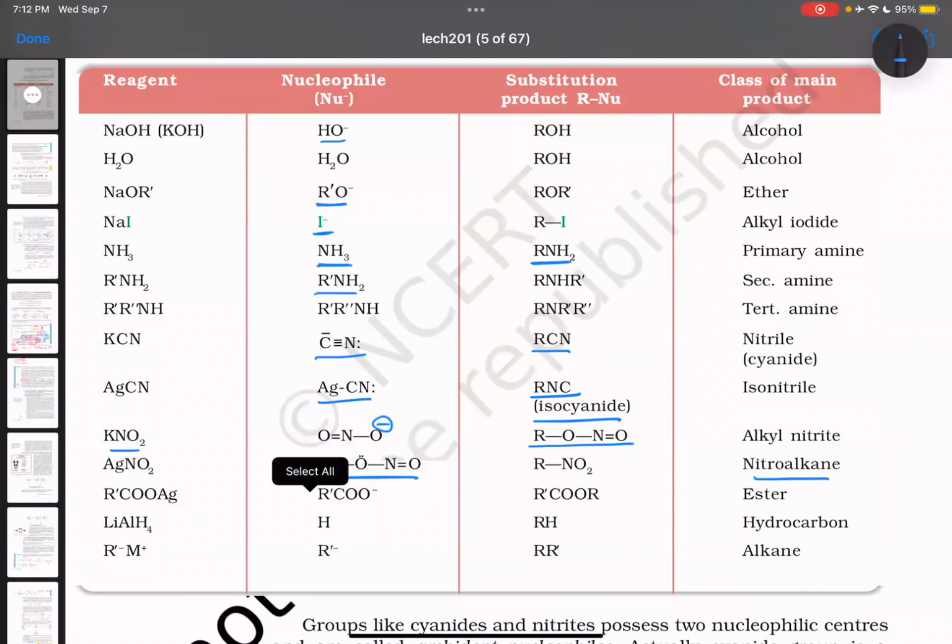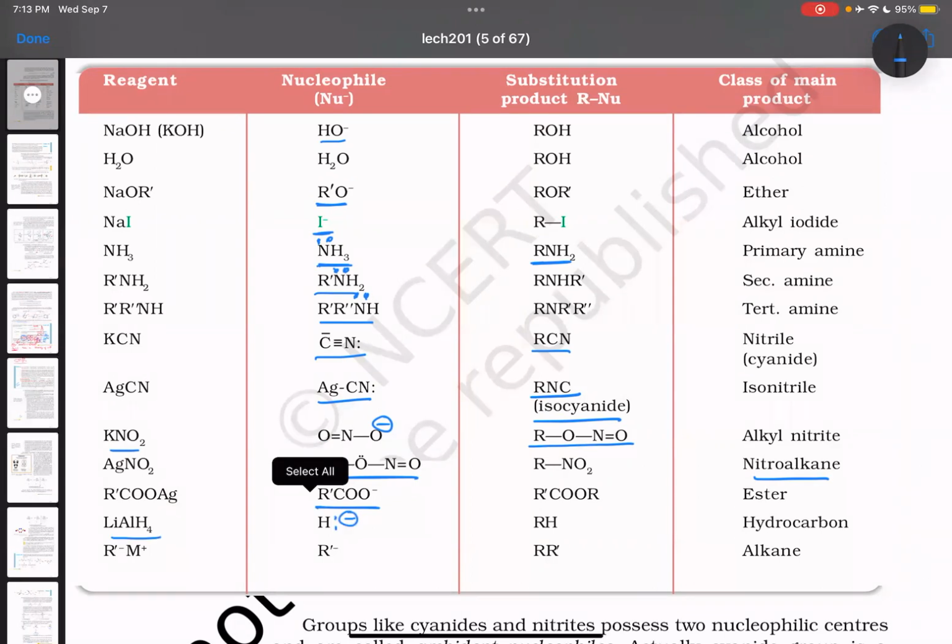This is the reaction with amines. The nitrogen atom has the lone pair, so they go and attack and displace the halogen. If you have RCOO minus, the COO minus is going to attack. Actually this is H minus.